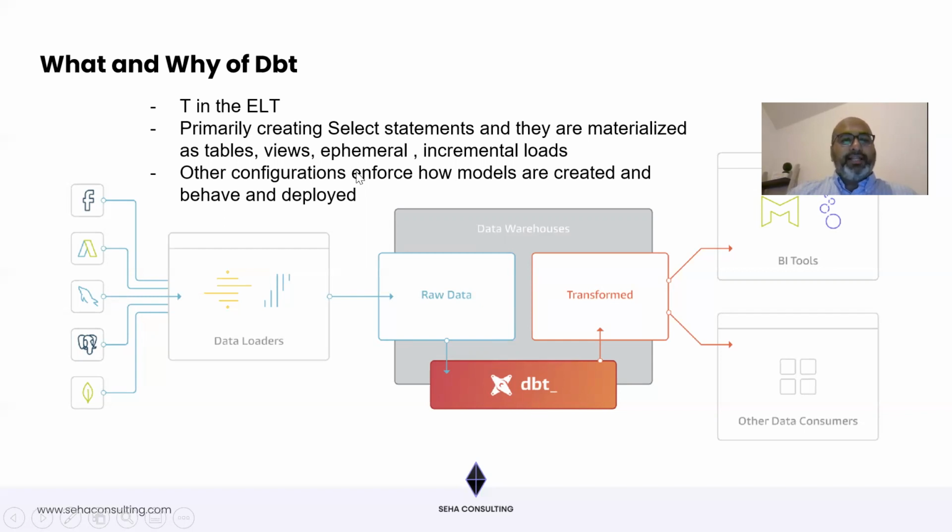Because DBT does select statements, it throws those select statements to your data warehouse, and the data warehouse runs them using its compute power. So DBT is, in a sense, lightweight. It does more than that, but it's a way to save your select statements and push them down to your data warehouse to run.